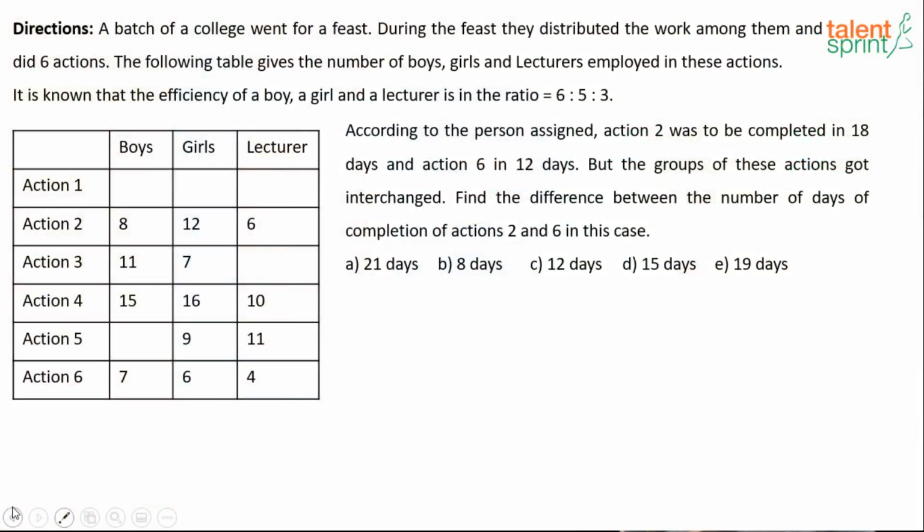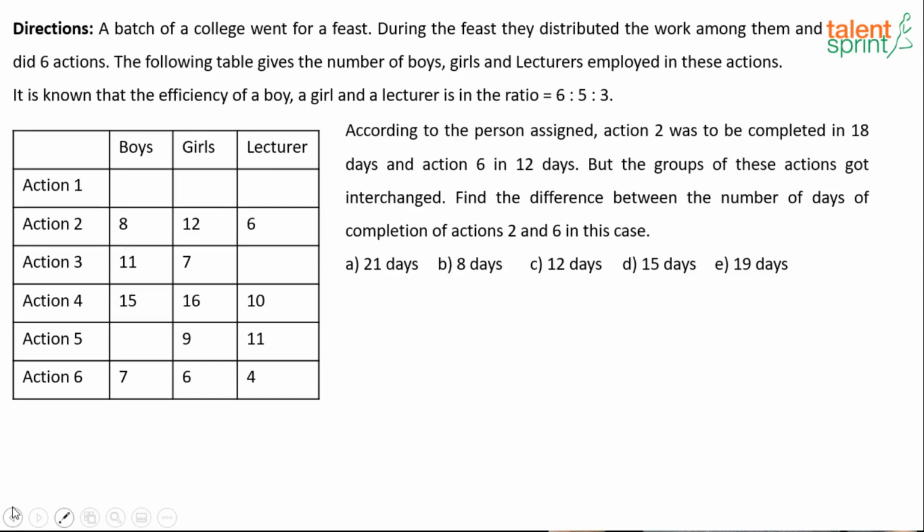Given that, you can find out the total work done by each one boy, one girl and one lecturer in a day, or by the group in one day, and then find out the total work done, and then do that interchanging as given in the question to find the required answer. I know it sounds a little complex when you just talk about it, so let's try it out on paper and see what the solution is. Here we go.